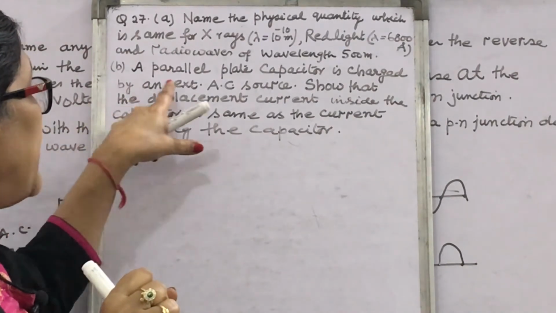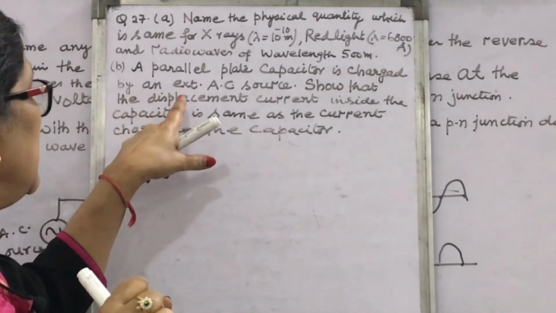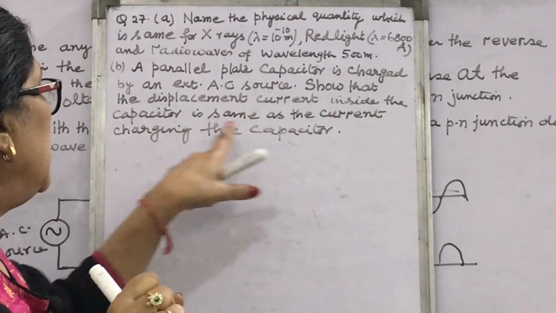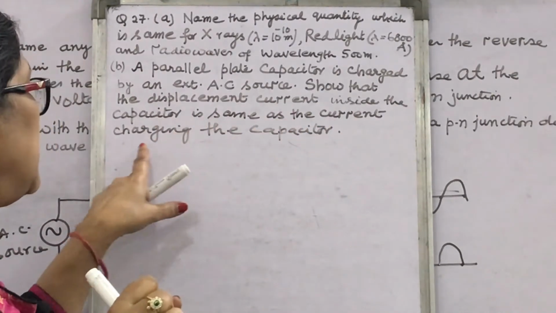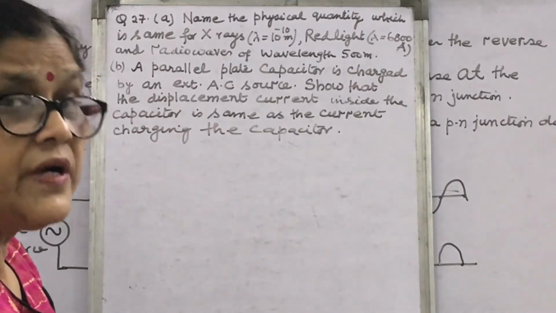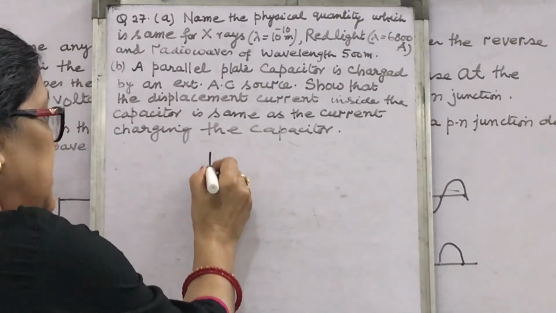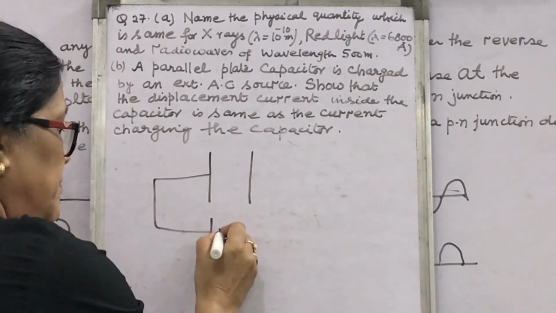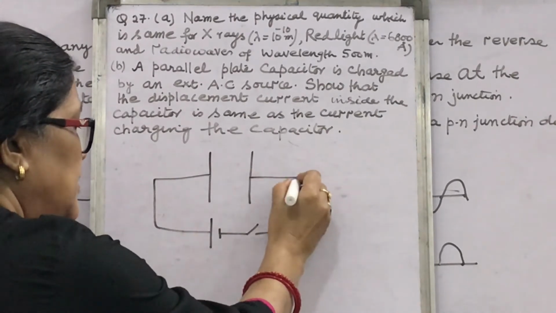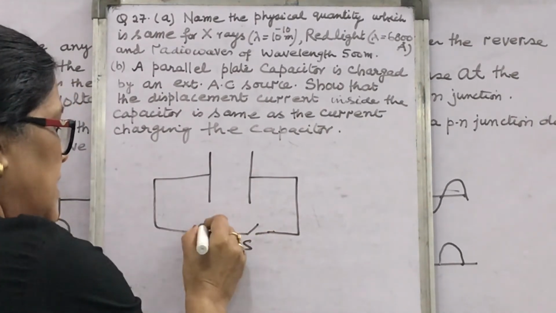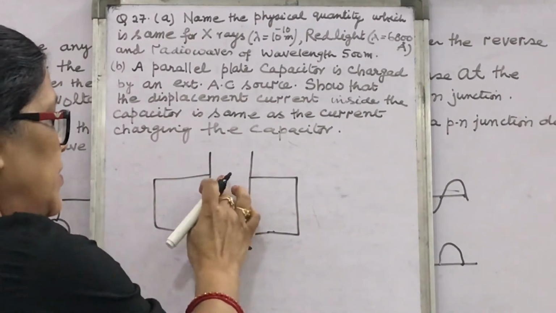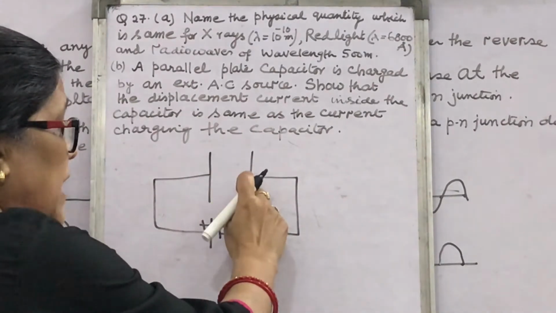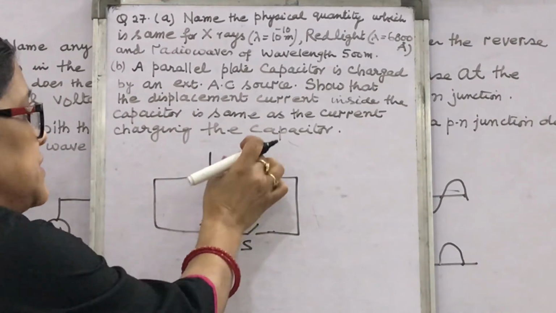B part: a parallel plate capacitor is charged by an external AC source. Show that the displacement current inside the capacitor is the same as the current charging the capacitor. You know what happens when a parallel plate capacitor is charged by a battery. As soon as the switch is pressed, the current begins to flow here. How is this capacitor charged?